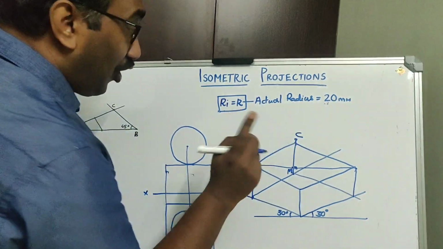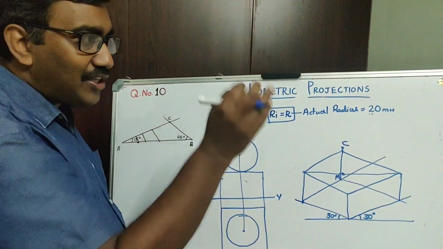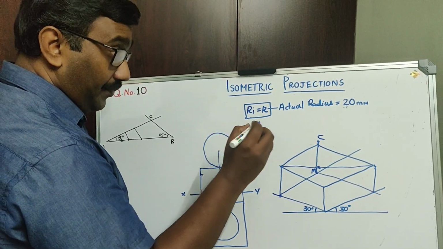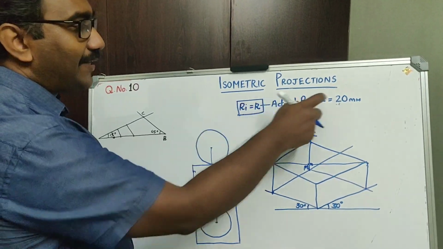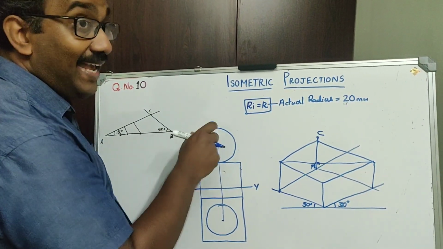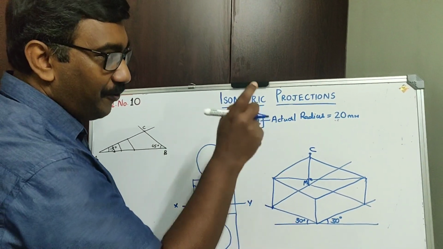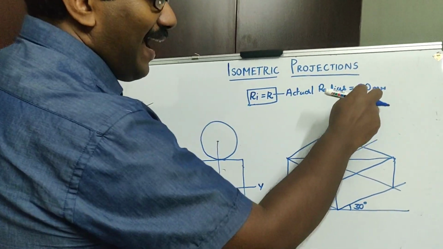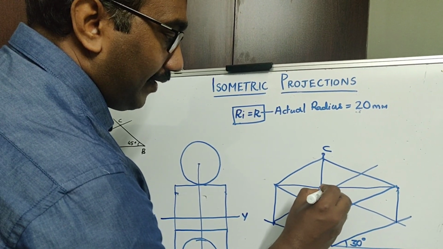The dimension is not taken from the isometric scale. It is the actual 20 mm. So in your compass, you take 20 mm from your scale itself, not the isometric scale. So with C as center and the actual 20 mm as radius, you draw the circle.